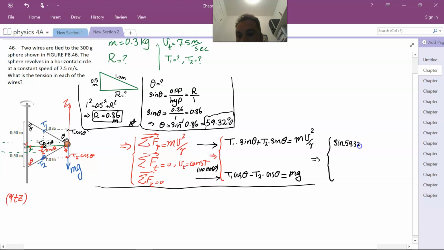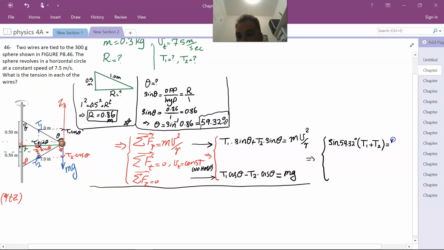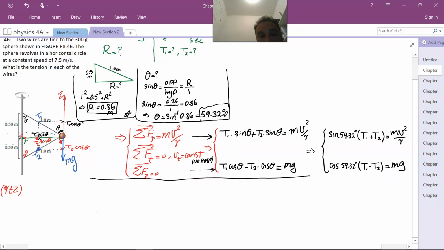Okay, that is a number. T1 plus T2 equal m v squared over r. And then here I can also factor with cosine 59.32. T1 minus T2 equal mg.